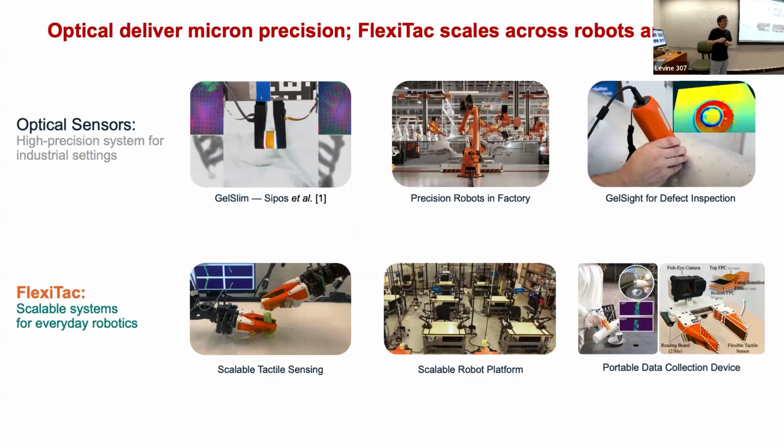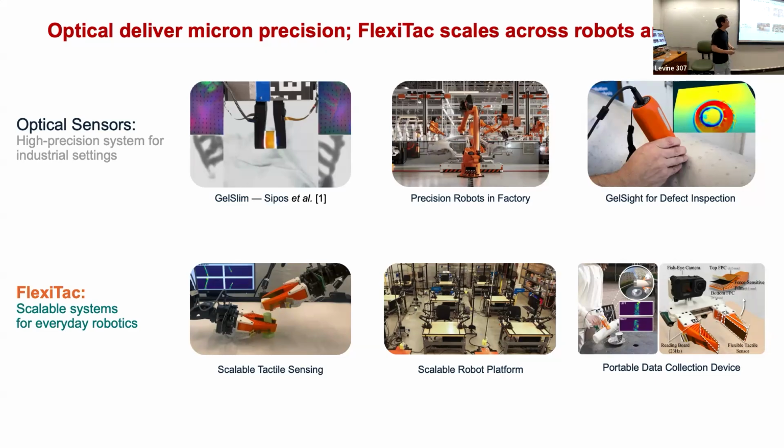For comparison, I'm not going to downplay optical-based sensors. My basic takeaway is that optical delivers micro precision. Here I put three pictures. This optical sensor can give very detailed information, especially for defect inspection.